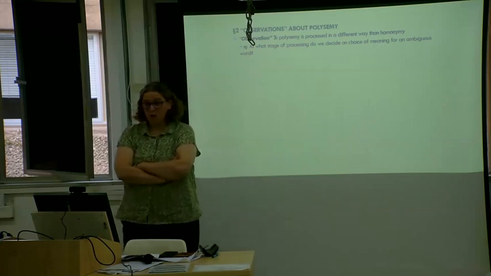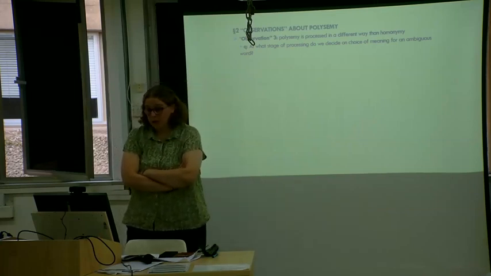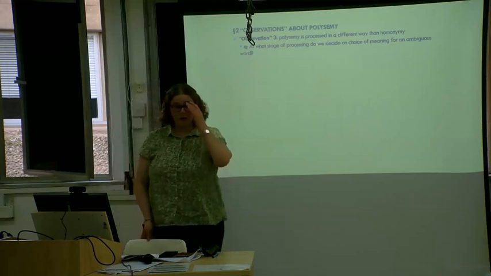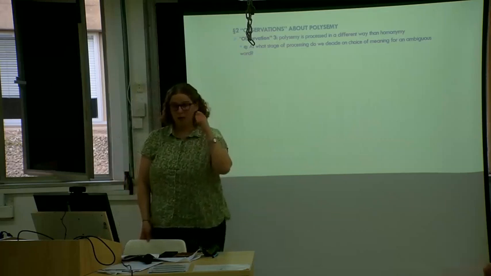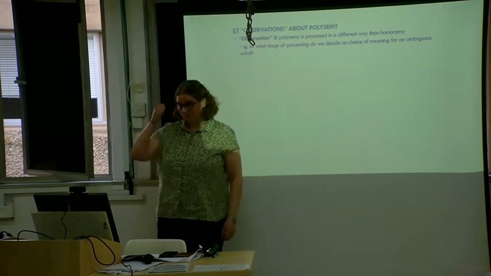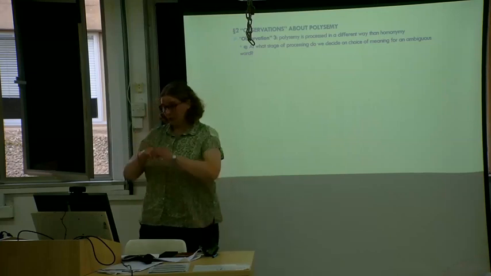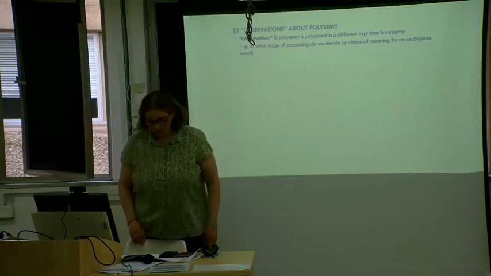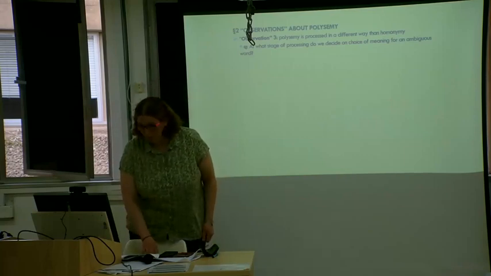When you read or hear a sentence with an ambiguous word, at what stage of processing are you choosing a meaning for that ambiguous word? Is it immediately when you see it, or do you leave it open and wait to see more of the context until you decide?